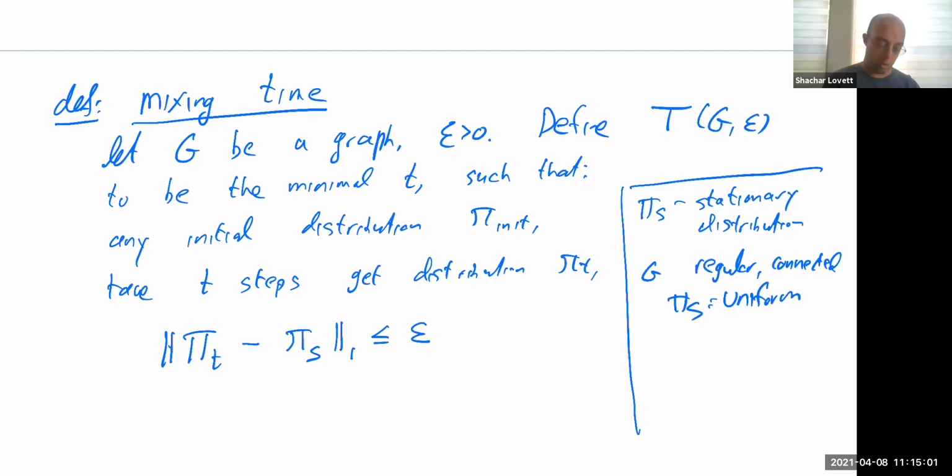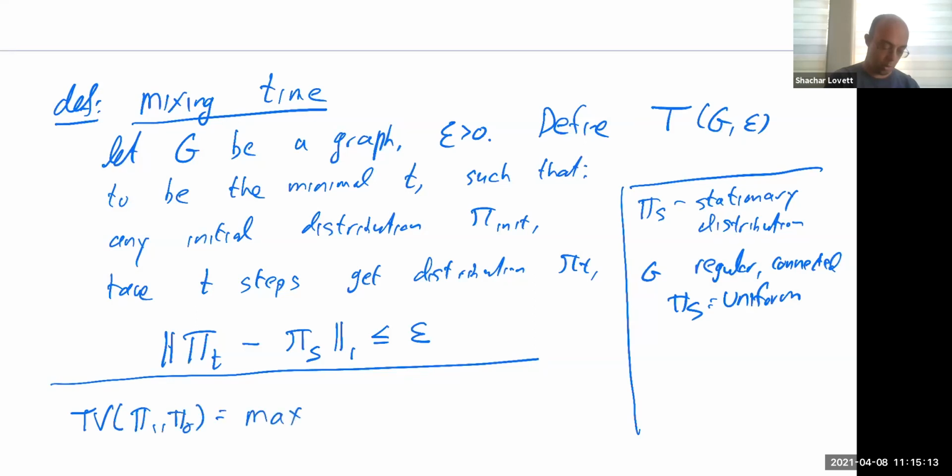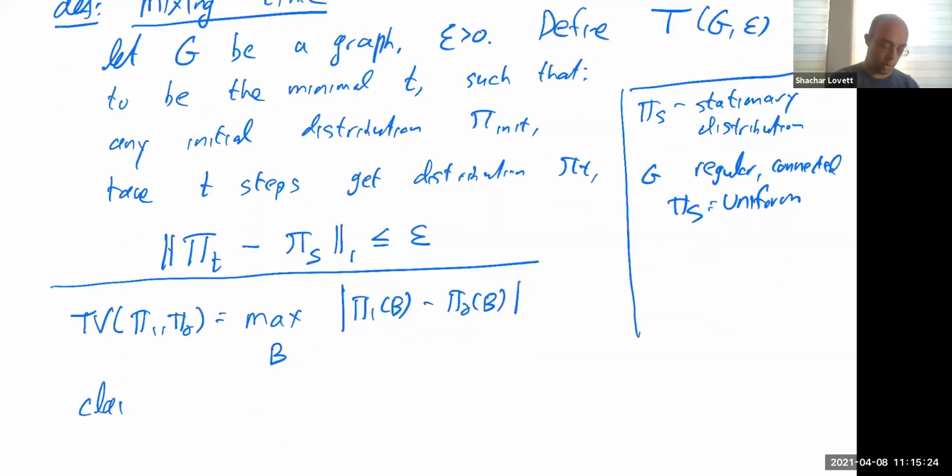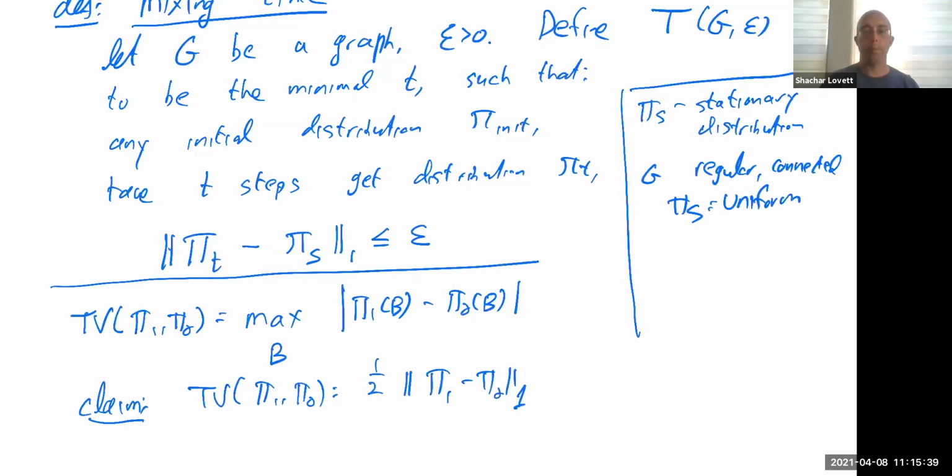So again, just a recap: the total variation distance between two distributions, pi1 and pi2, is the maximum over all possible events of the probability this event happens under pi1 minus under pi2, so we're trying to distinguish these two distributions. And we said there was this claim, but we didn't prove it. It's a simple claim to verify. This just equals, up to a factor of 2, the L1 distance. So we care about factors of 2 here, so we're just going to use L1 instead.